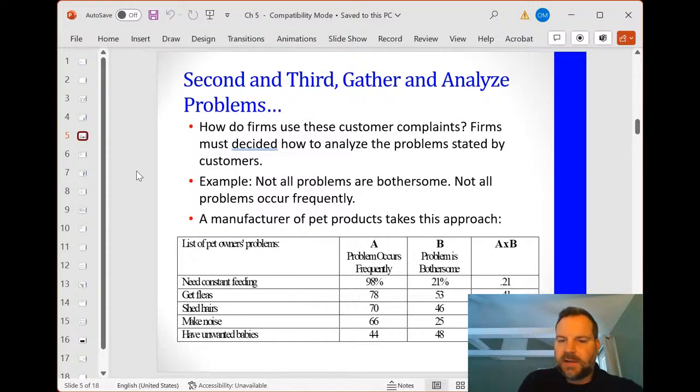Pets need constant feeding, of course, but you wouldn't consider that bothersome. Whereas something like getting fleas, not quite as frequent, certainly, but very problematic. That's something a company would say is going to be a problem, and we should focus on having a solution for this.